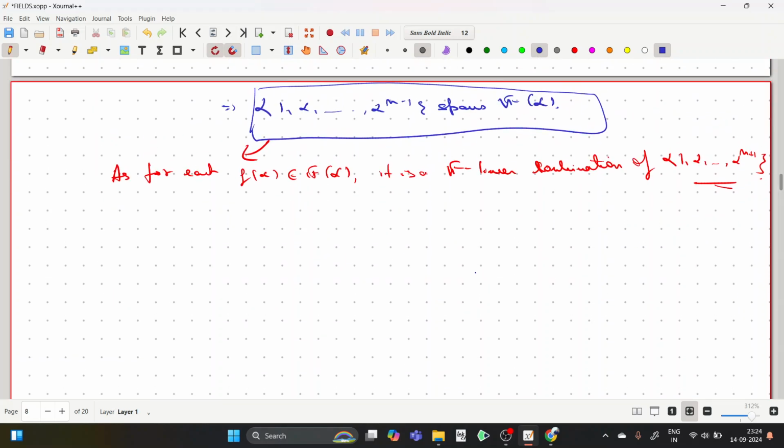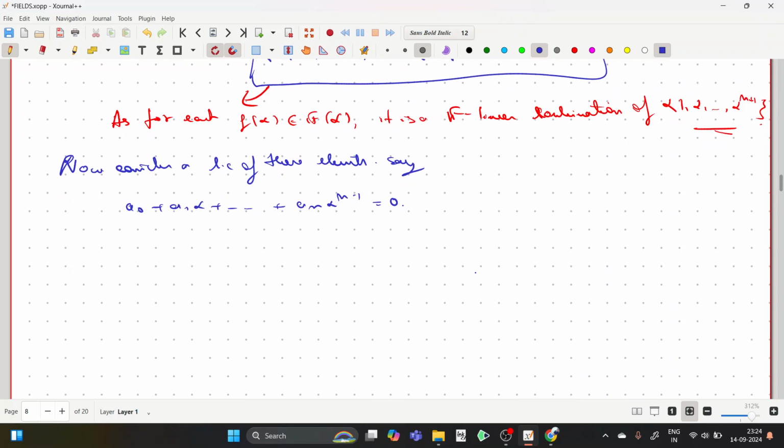So we are just left to show that this set is in fact linearly independent. Now consider a linear combination of these elements. Suppose a0 plus a1 alpha and so on till an alpha to the power n minus 1 is equal to 0. Now observe, let f of t be the polynomial a0 plus a1 t plus and so on, a t to the power n minus 1, which is obviously an element coming from F[t].